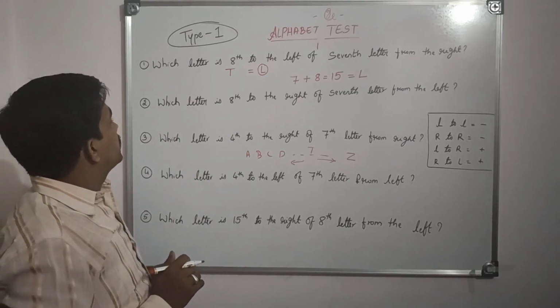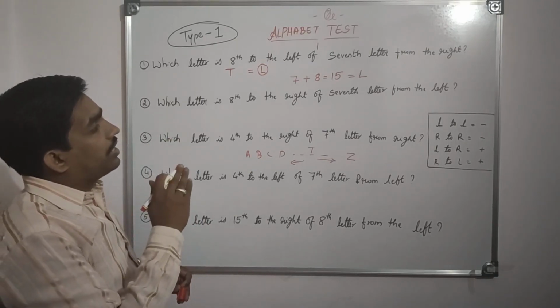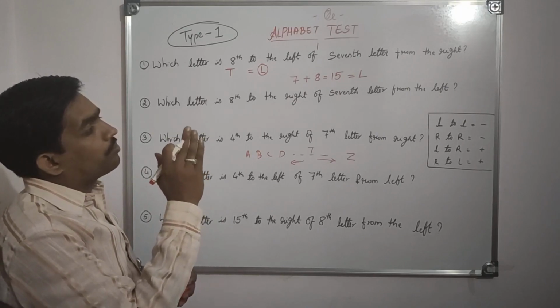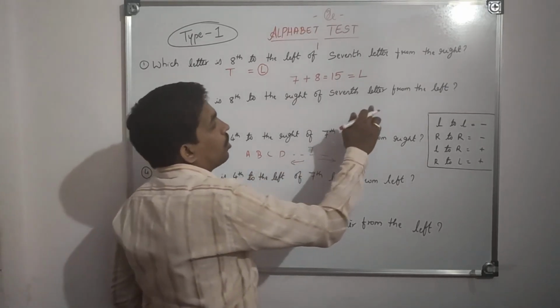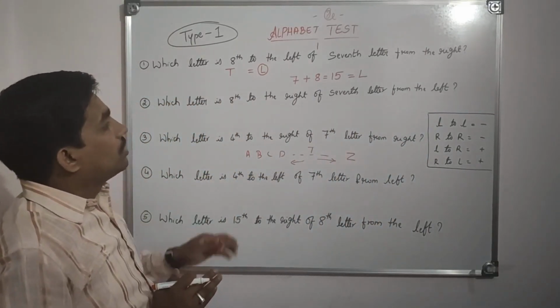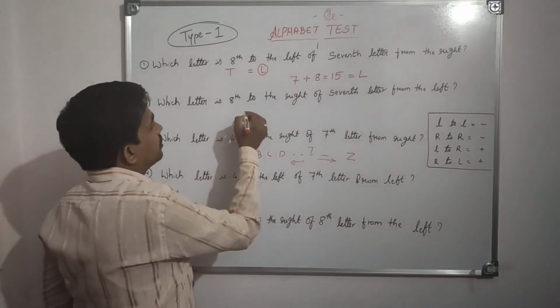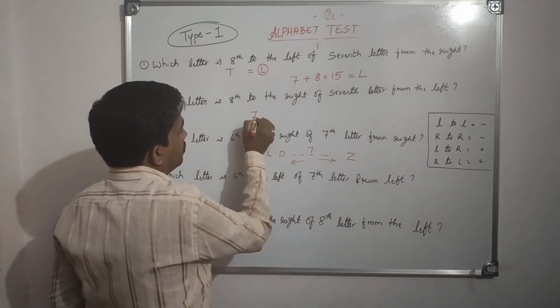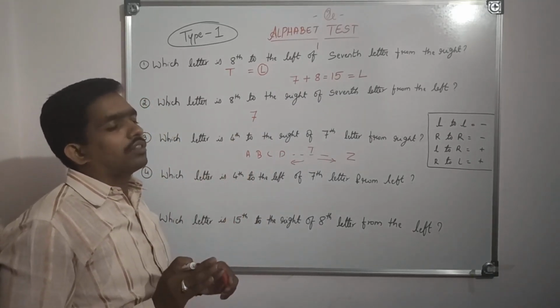Next, coming to our second question. Which letter is 8th to the right of 7th letter from the left? Now we have to come from the left. First we will consider the second part. We will not bother about which is the seventh letter.